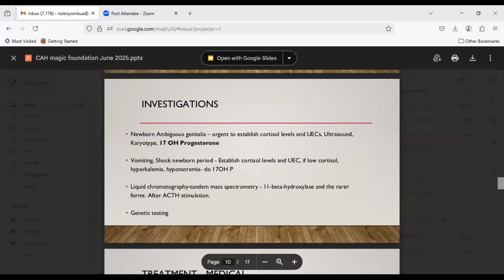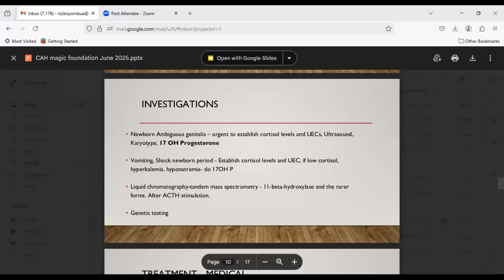So the investigations we do for CAH. Once you suspect, the most important to pick is ambiguous genitalia. That would be one of the commonest, especially in females. And when you have such a patient, then it's important to urgently establish whether they have enough cortisol levels or not, because that usually is the emergency.